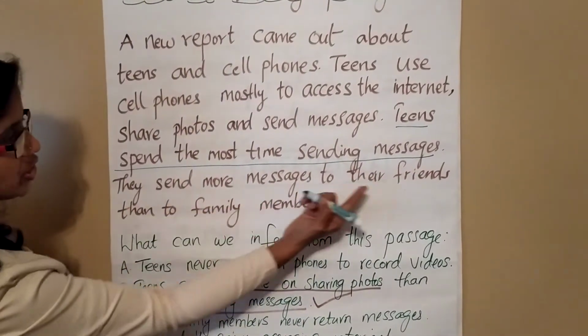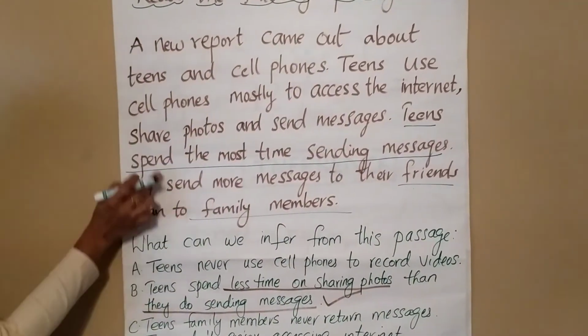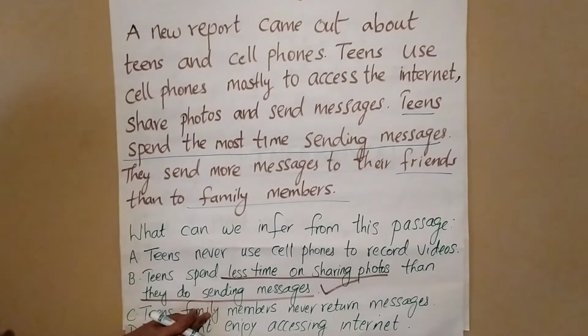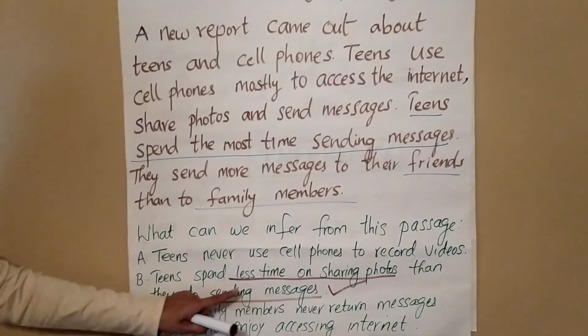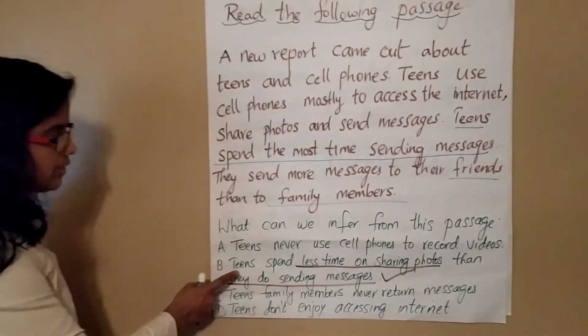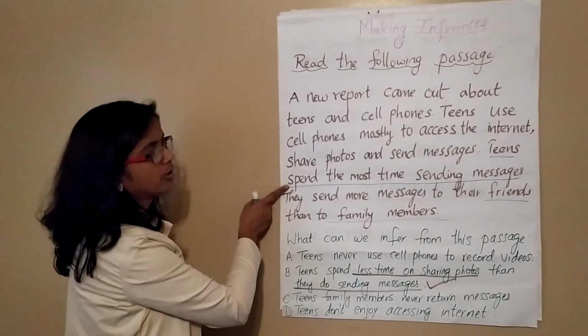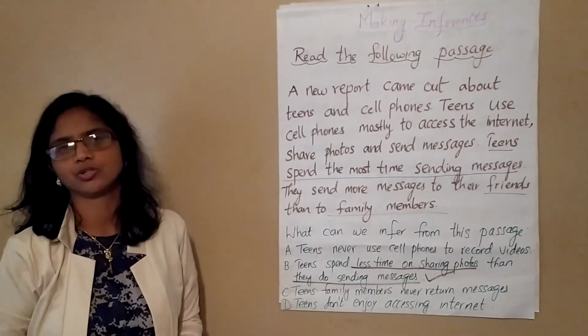They send more messages to their friends than family members. These two pieces of evidence show me that they spend more time on sending messages rather than sharing photos. So this is what the text infers. This is what we can infer from this passage.